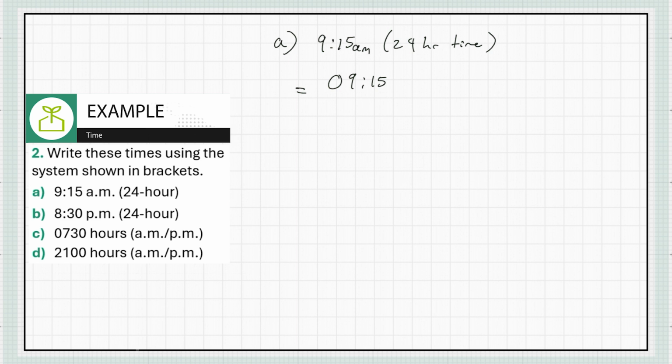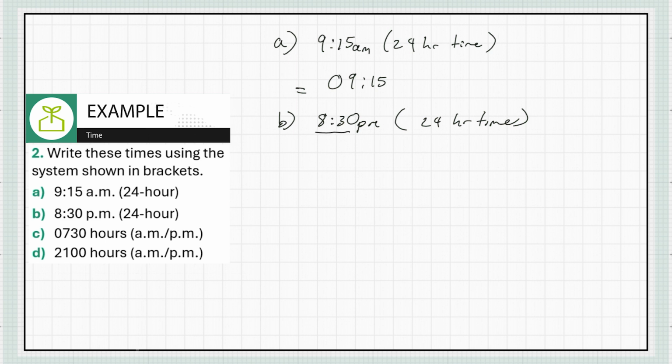The only time when we're converting an AM or PM time and we have to change it is when it's in the PM. So if we look at the next one, 8:30 PM, and they want it in 24-hour time, the thing we have to do here is add 12 hours to this particular number.